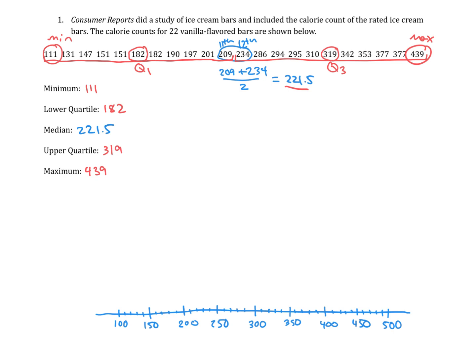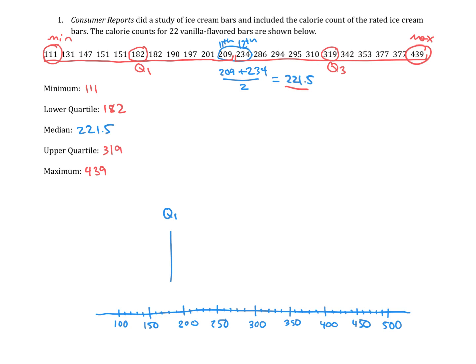I like to start with my Q1. Q1 is 182. That's the left-hand side of my box. So I find 182 on my number line. Here's 200, here's 180, so right around there. And I make a vertical line like this. That's my Q1.